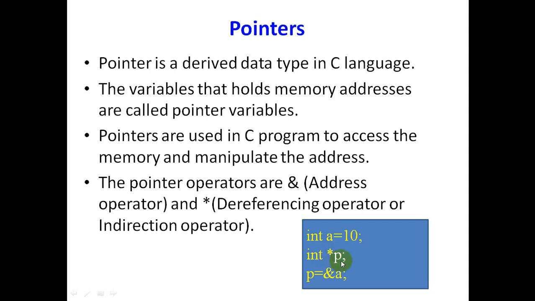And here this pointer is of int data type. And here p is equal to ampersand a. I told you ampersand is an address operator. So here p equal to ampersand a means the address of variable a will be stored in p.